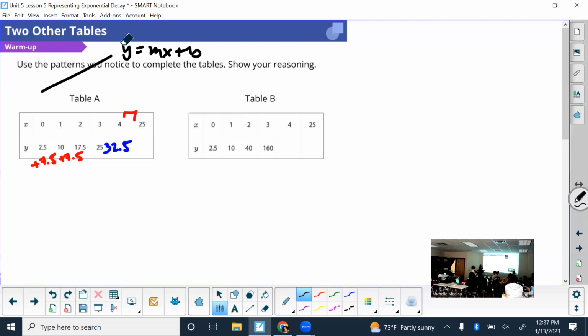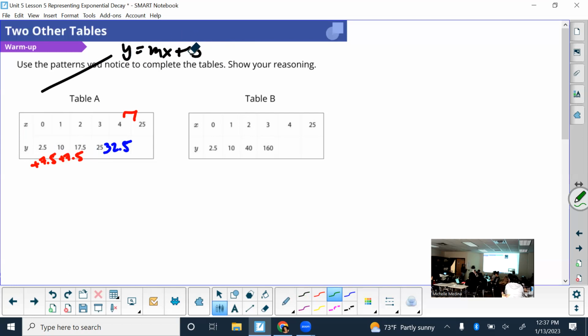So for anything that is linear, or in other words, in a straight line, it's in the form y equals mx plus b. So then the m and the b are what's usually replaced with numbers, right? So where would this 7.5 go if it's increasing by 7.5 each time? Would it go in for the m or the b?